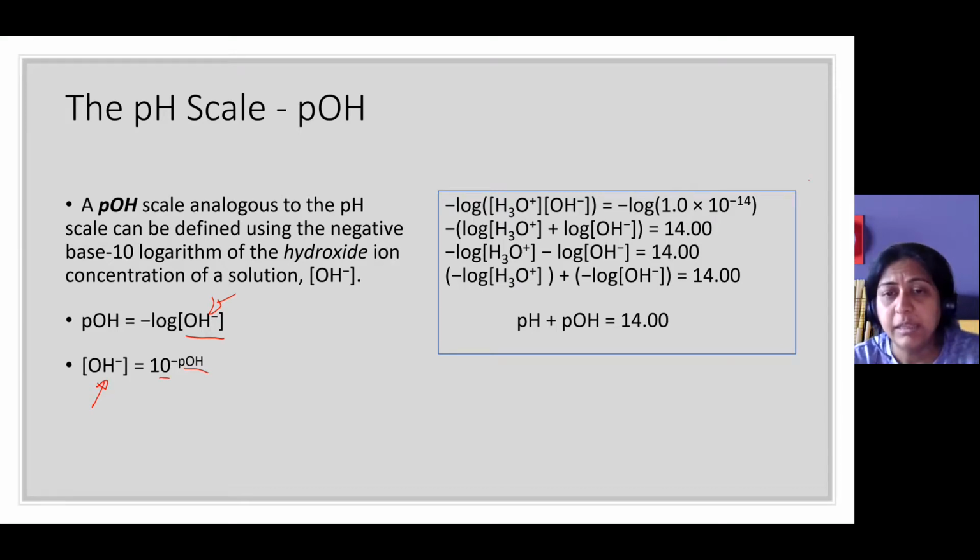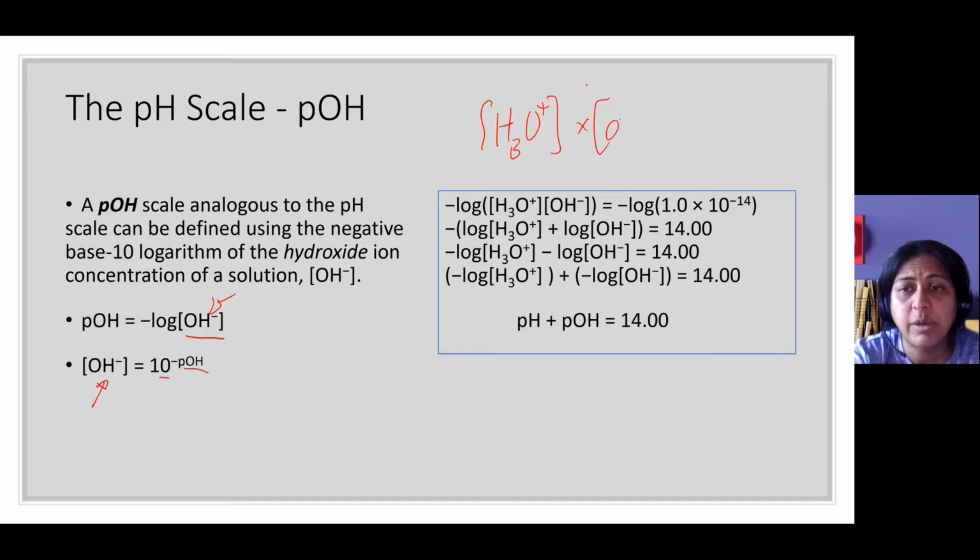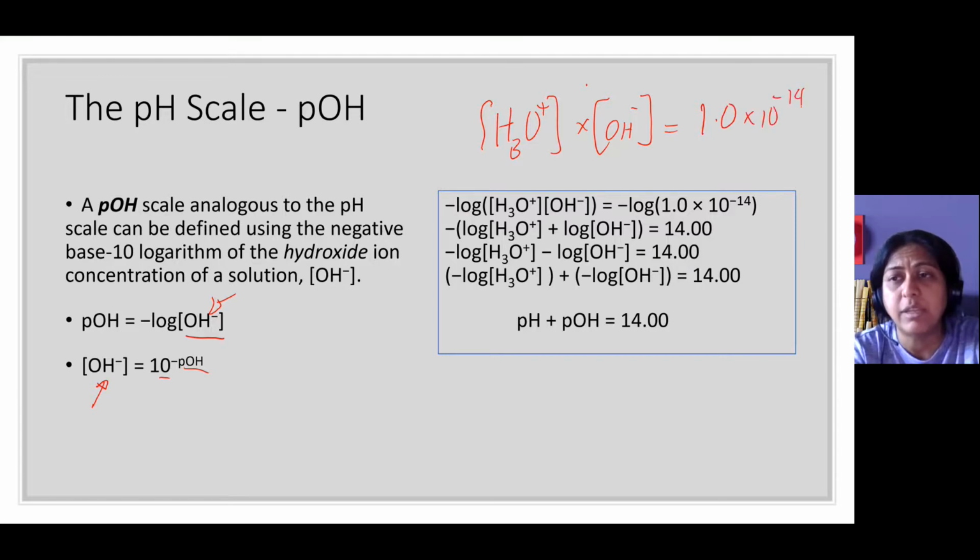Now consider the ionization of water. The H3O+ concentration times the OH- concentration equals 1.0 times 10 to the negative 14. That is the Kw, right?